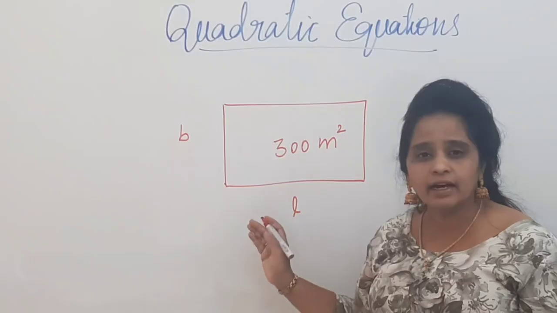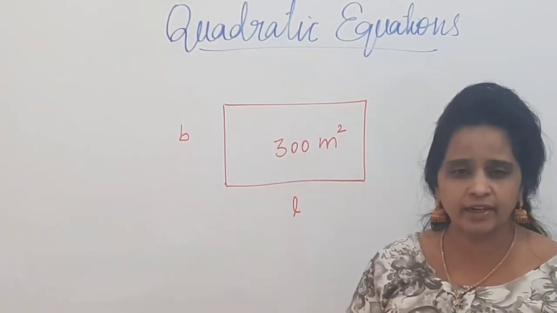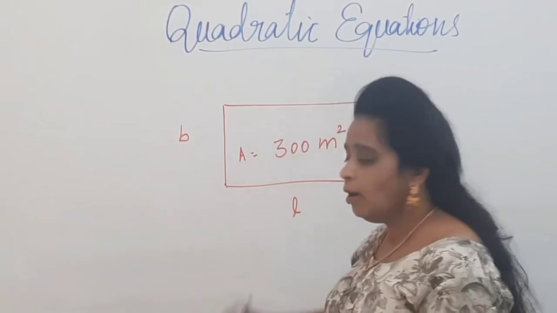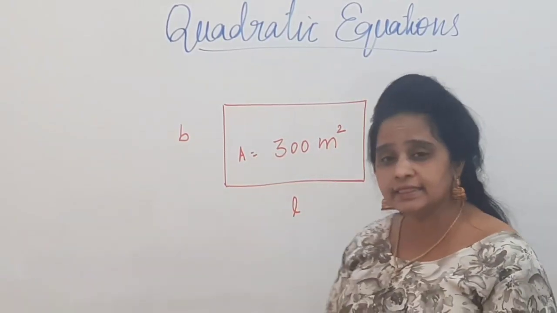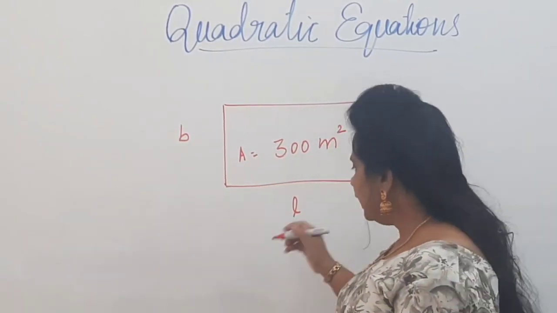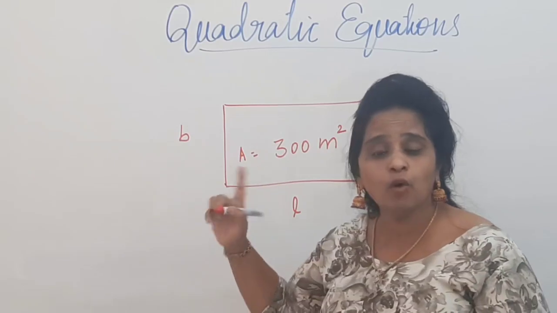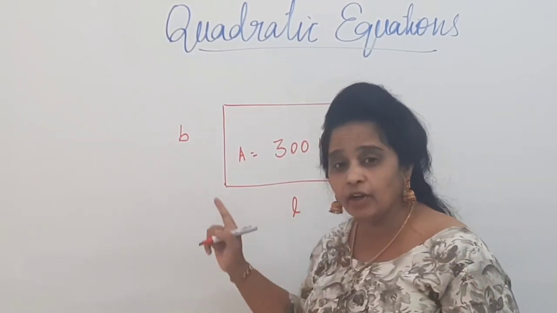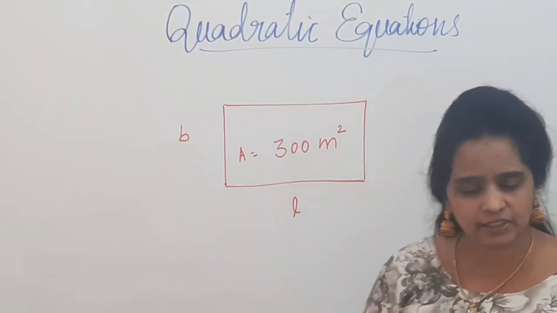So it is a rectangular carpet area, and I am given the area. But now the length is defined as 1 more than twice its breadth.